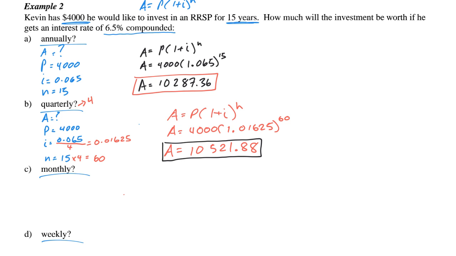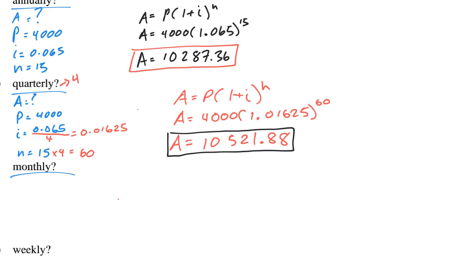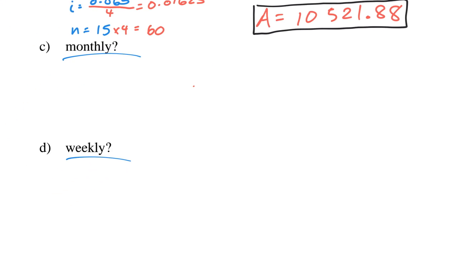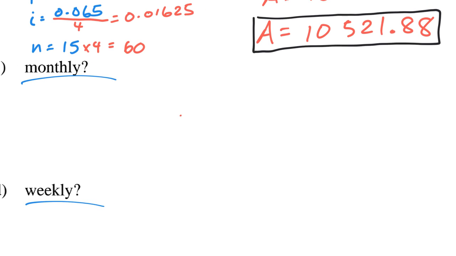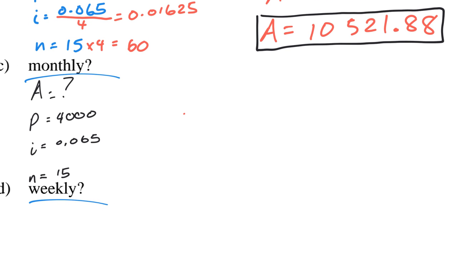Let's do that again for A, P, I, N. But now we're going to take a moment and zoom in on this because this is very, very important. If we're doing a monthly interest rate, we have 0.065 and we're going to divide that by 12. If we use the full decimals for this interest rate, we're going to get 0.005416666.